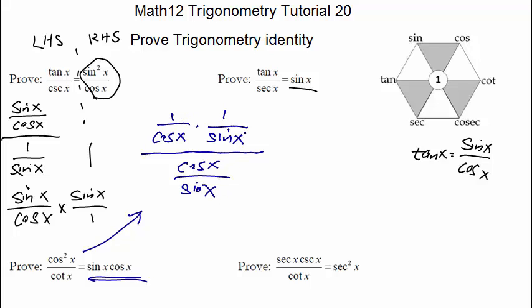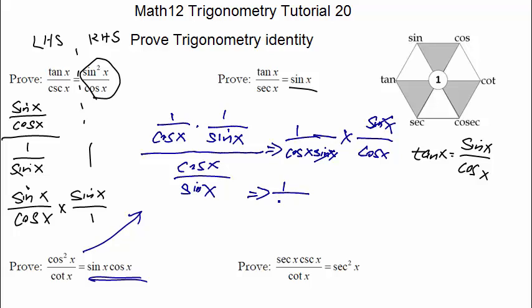On the top, we have 1 over cosine x sine x, divided by these, which is times the reciprocal, sine x over cosine x. The sines cancel, so this equals 1 over cosine times 1 over cosine, which is 1 over cosine x squared. And 1 over cosine x is just secant x, so squared, it equals the right-hand side.